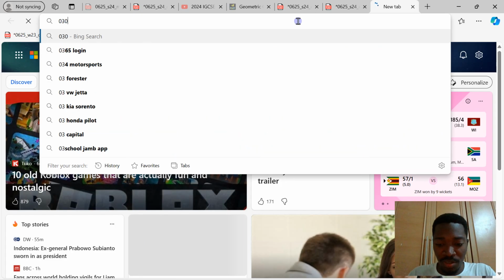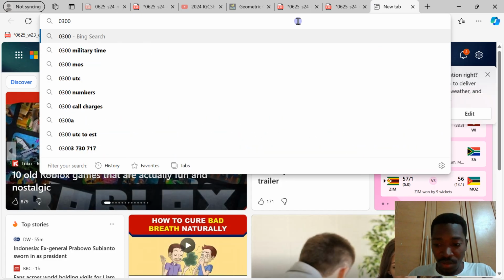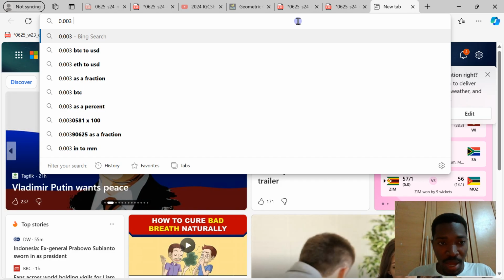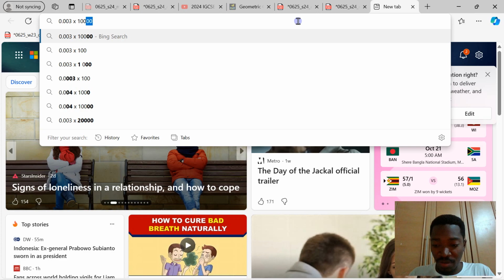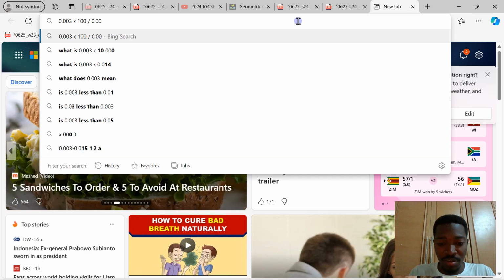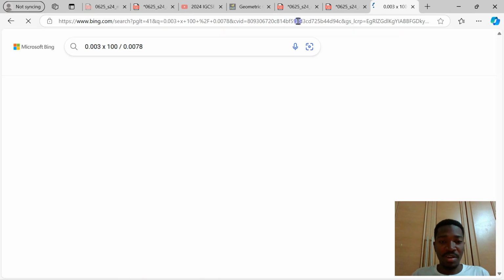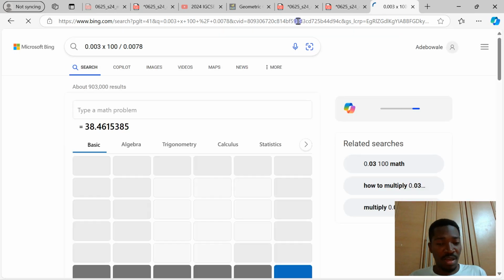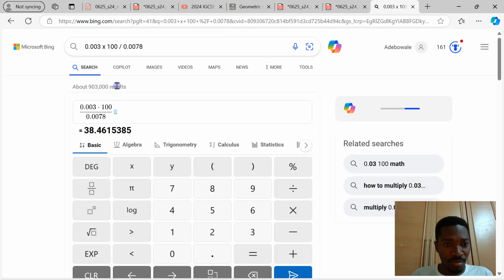Let's see, 0.003 multiplied by 100%, and then I'll divide this by 0.078. Let's see if I get anything within around that 5%.